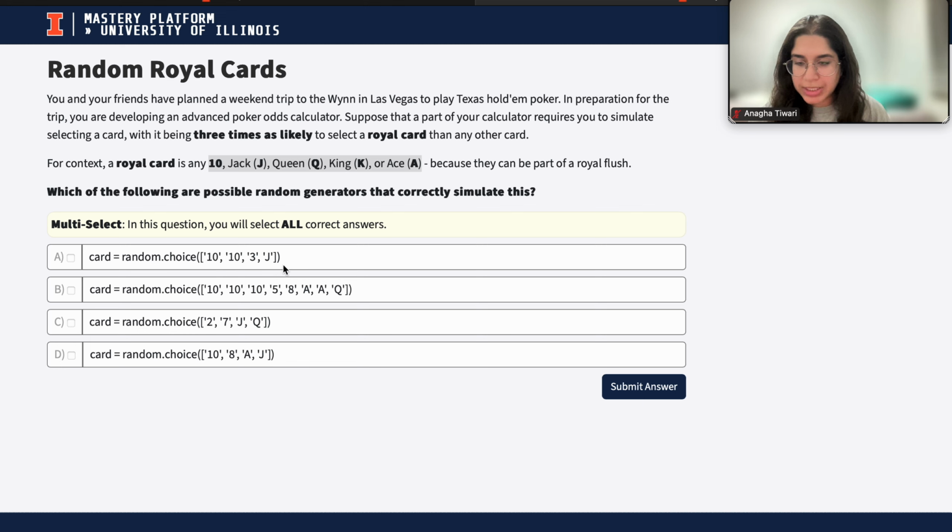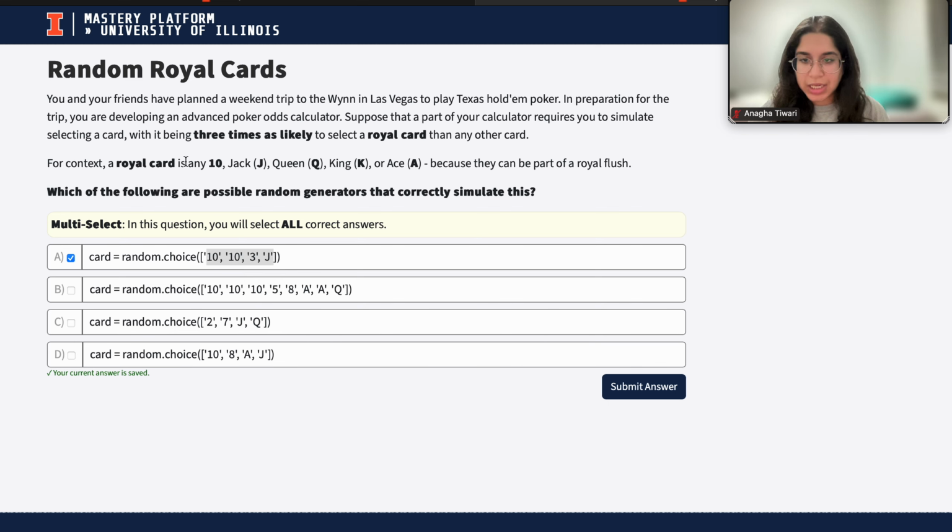When we see answer choice A, we can see that there are basically 3 royal cards here. 10 occurs twice and Jack occurs once. So the probability of picking a royal card in this random generator is 3 out of 4, because there are 3 occurrences of a royal card out of 4 possible values, and the probability of picking a non-royal card is 1 out of 4.